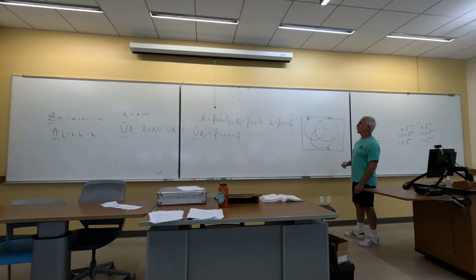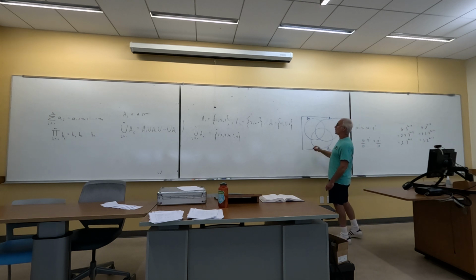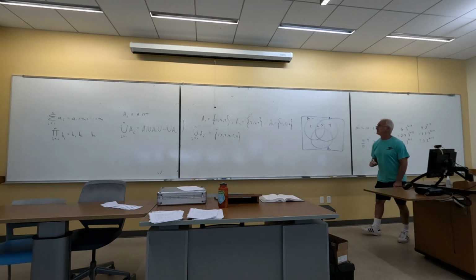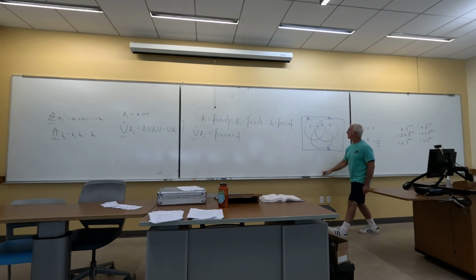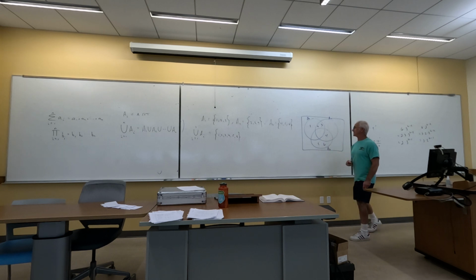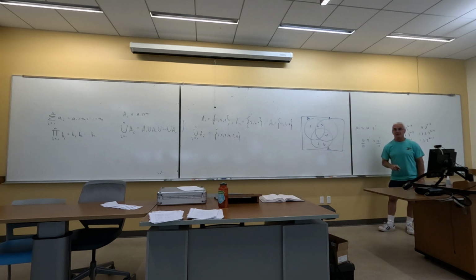So, A1 has a 1, 2, 3, but A2 has a 2, 3, 4, so I'd have a 2 and a 3 in here. I'd have a 1 and a 4 here. No, the 4 is shared, but the 4 also is shared with a 3. Now, does that make sense? Does everyone agree with that statement?